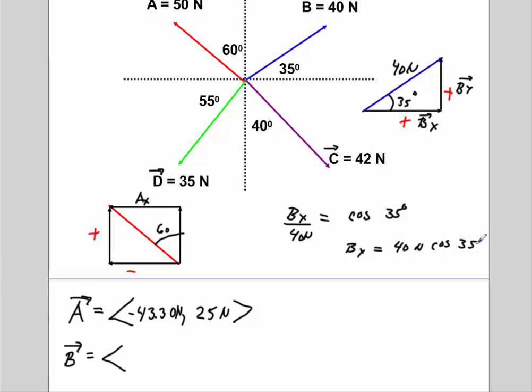So if I take 40 times the cosine 35, I've got 32.76 or 32.77. Okay, to get this, we're going to be using the sine because it's opposite. So 40 times the sine of 35 is going to be 22.94.